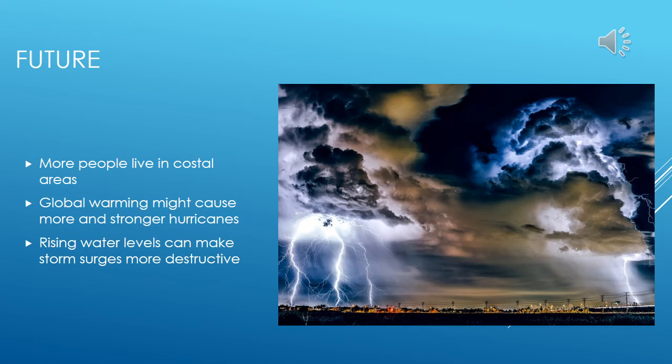Global warming, we think, will lead to warmer oceans, and as the oceans get warmer, there'll be more energy to the tropical storms, so the tropical storms will become more powerful and will probably happen more often. Also, if we at the same time have rising water levels due to global warming, we can see that storm surges will get more powerful and we'll see more damage to infrastructure and agriculture from the storm surges.